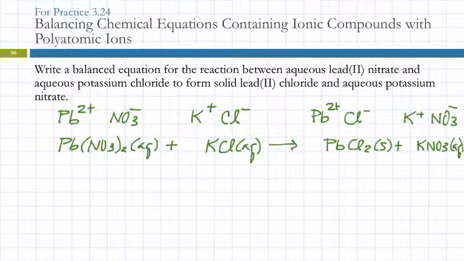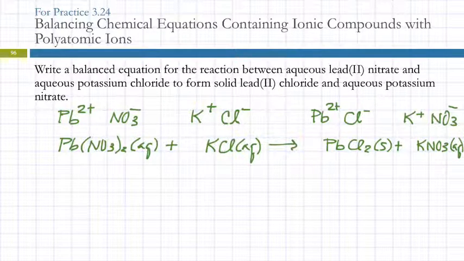So let's balance this one just by inspection without making an inventory. You can do the inventory. So looking at this, I have 1 lead, 1 Pb, and 1 Pb. So those are fine. Now this nitrate, I notice the title of this example, balancing chemical equations containing ionic compounds with polyatomic ions.